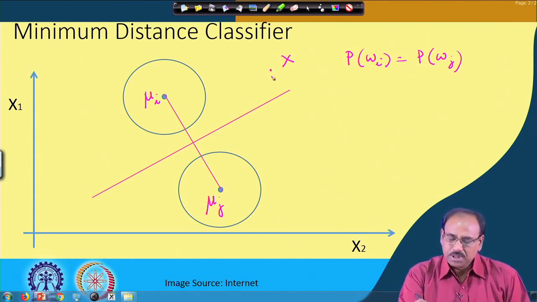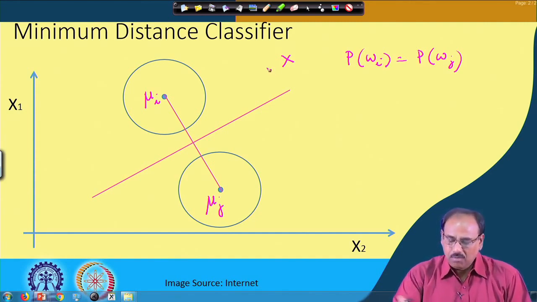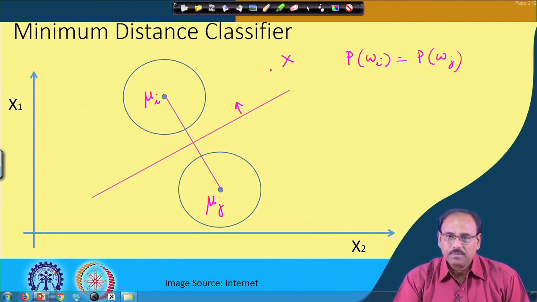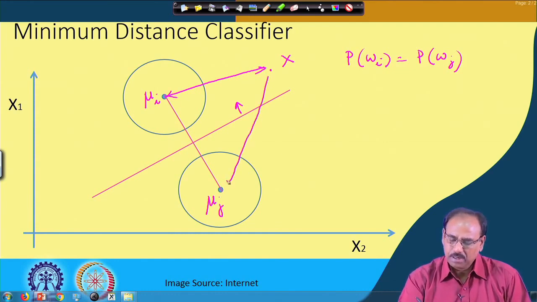Under this situation, when I have this unknown feature vector x which has to be classified, because x falls on this side of the boundary, it is to be classified to class omega i. In other words, I am computing the distance between mu i and x, and also the distance between mu j and x.